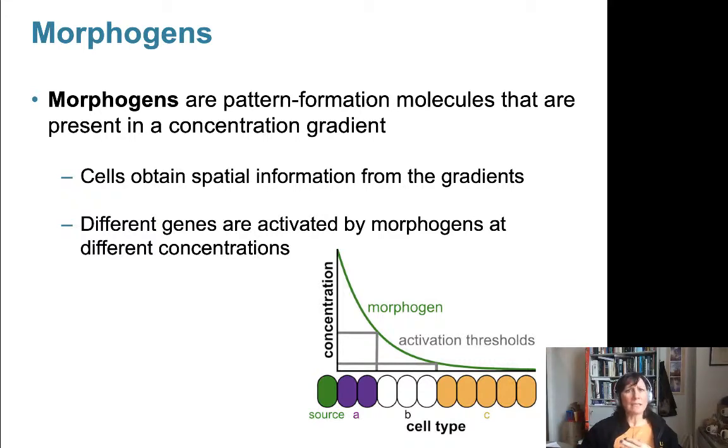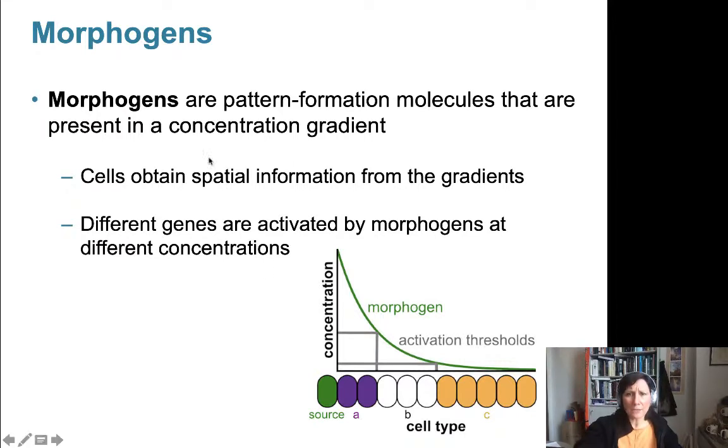So there are these morphogens. These are molecules in the embryos that are pattern formation molecules, and they impact what happens to cells on a concentration gradient. So there are certain kinds of cells that, when morphogens are at some threshold level of concentration, activate genes in those cells to perform certain functions, and this changes what the cell may turn into.